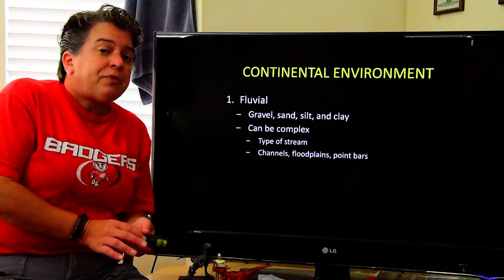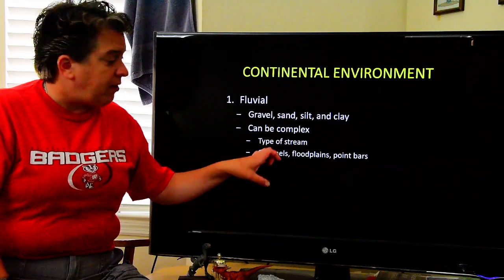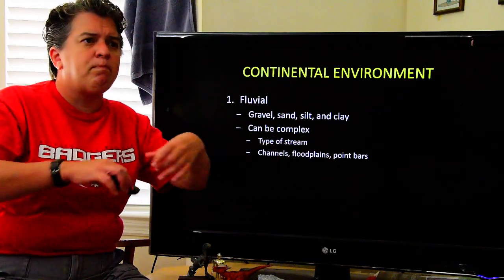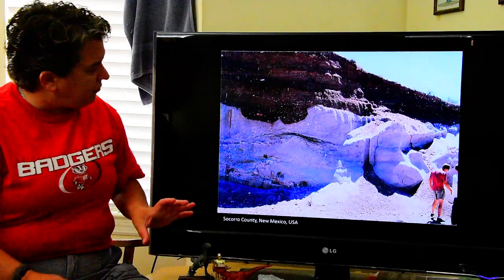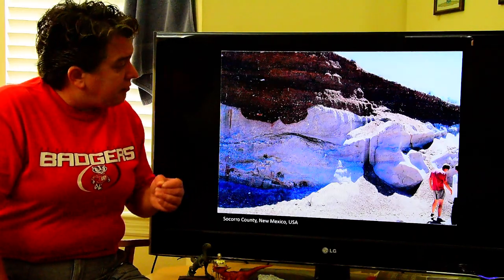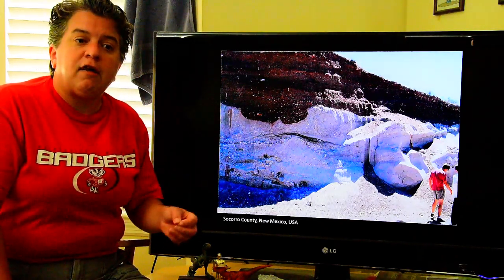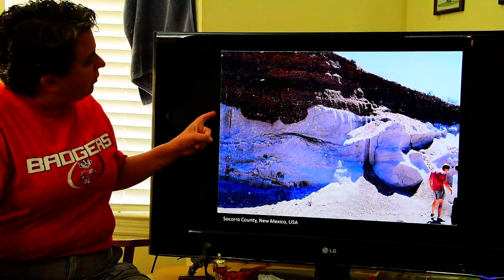So you can have in a fluvial system channel deposits, floodplains, point bars. You can have all kinds of different sediments to them. And what we're looking at here in this photograph, these are sediments of the ancestral or ancient Rio Grande, and this is in New Mexico.